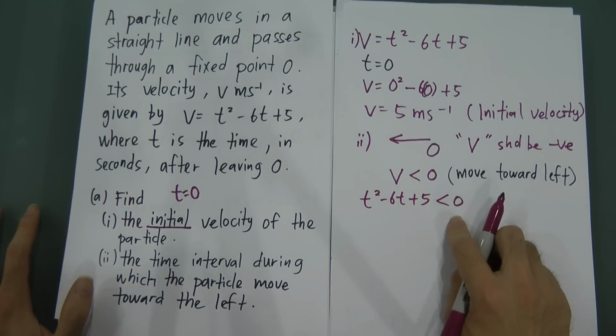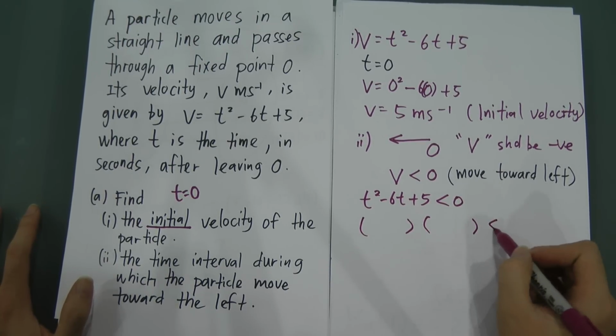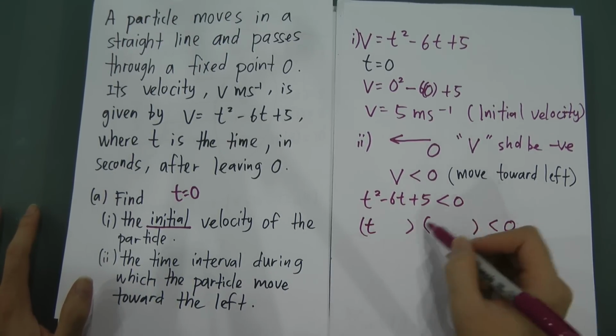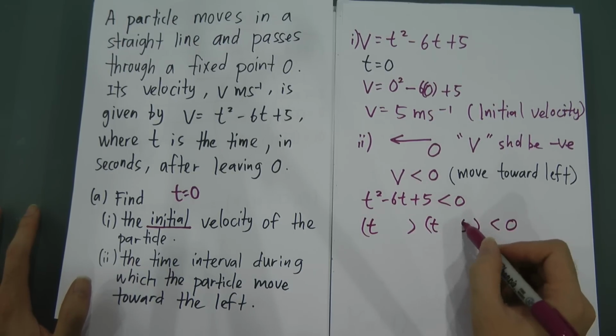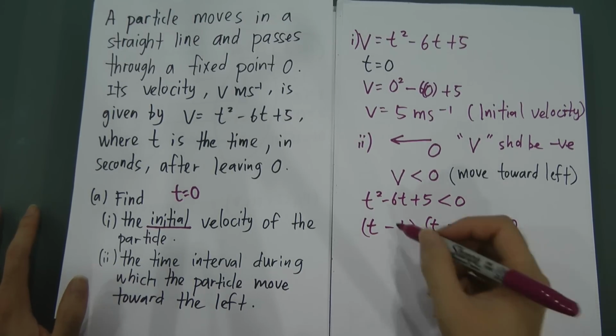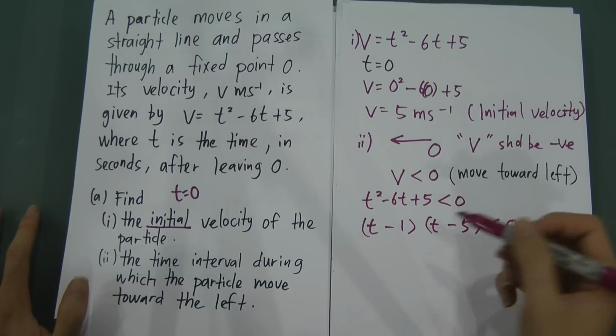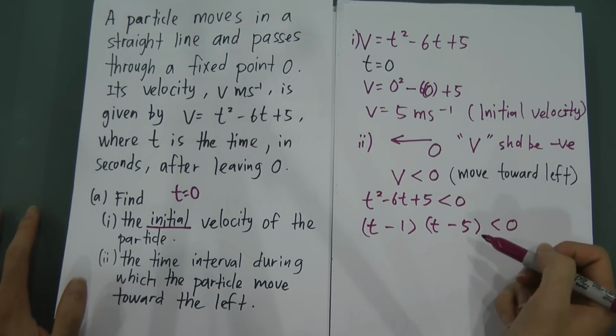So we just factorize. It is smaller than 0, so this is t minus 5 and t minus 1, we got t equal to 1, and t equal to 5.